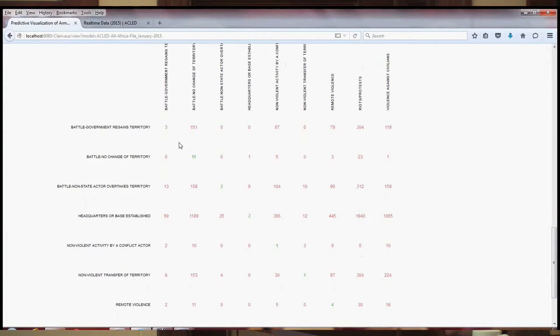And the correct predictions are shown in green along the diagonal entries here. So in this case, the numbers in red in this row are false negatives, and the numbers in red here in this column are false positives.